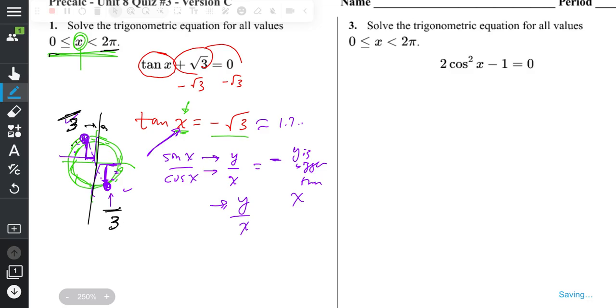And then you're just counting how many thirds it took from here to get there. 1, 2. 2/3 is one answer. I keep going. 3/3, 3/3 is 1 pi. 4/3, 5/3. So our two answers are 2/3 pi and 5/3 pi. X is one of those.